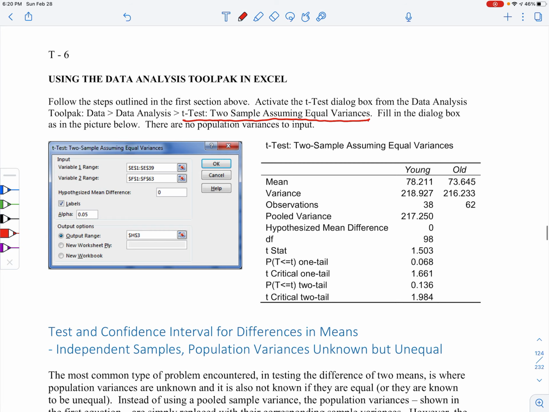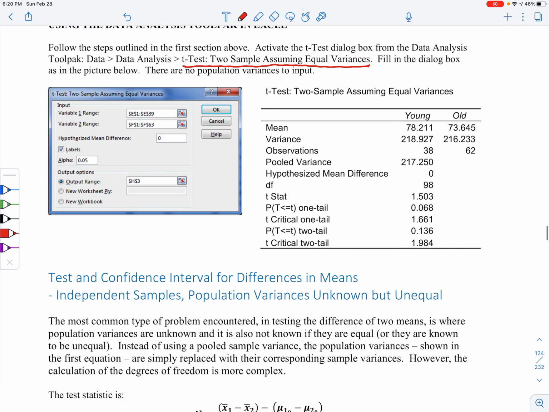And so what we've got down here in the output is your first sample and your second sample. What I've done is unstack the variable, just like you would do in ANOVA, in terms of the age categories, old and young. So what was the variable here? Math 30 marks.